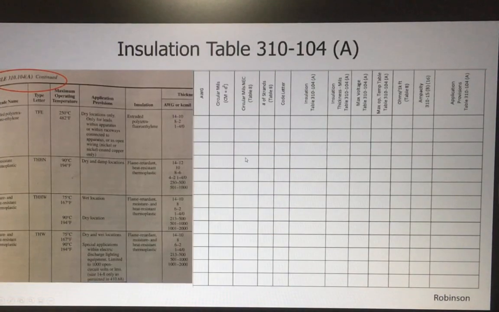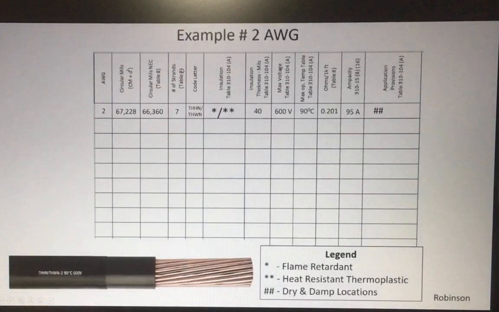And then applications and provisions is on table 310.104(A). And again, dry and damp locations, instead of writing it all out, you can make some type of symbol to represent it. And that's really it for what we did here with number 2.